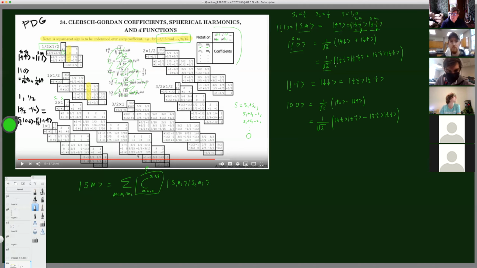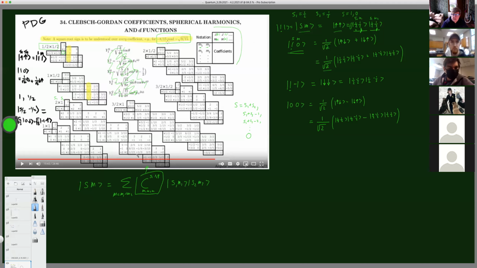Let's look at this one. The total S is 1. The total M is 0. That's the state we're looking at here. Again, it tells us the M1 and the M2, so it's up, down.